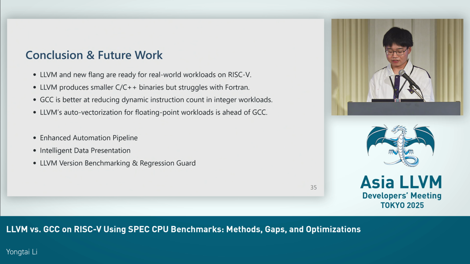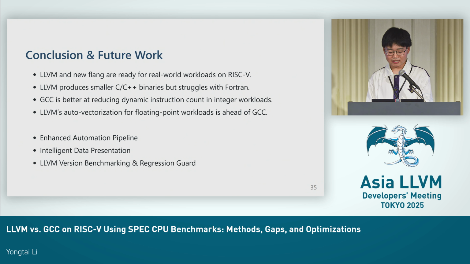Okay, so finally, in conclusion, we saw that LLVM can build the full SPEC CPU suite, even with many function multi-versioned codes, on both RISC-V 64GCB and RISC-V 64GCBV. That means LLVM Flang is ready for real-world RISC-V work.